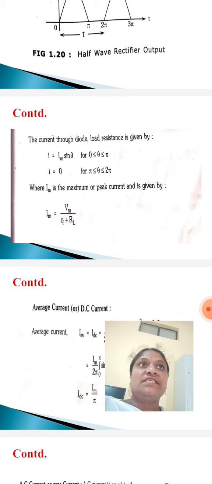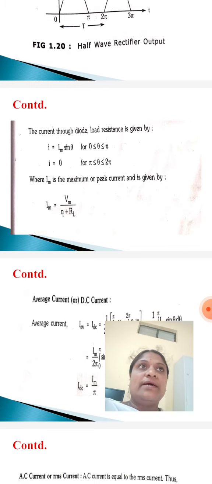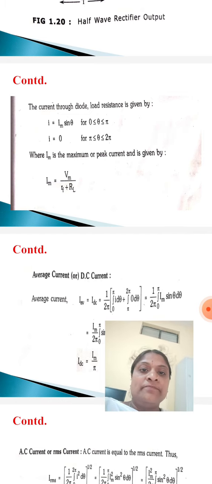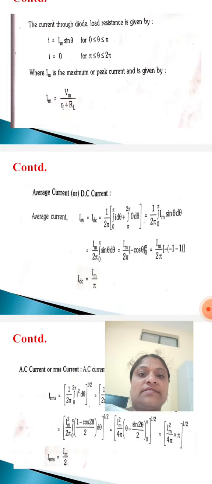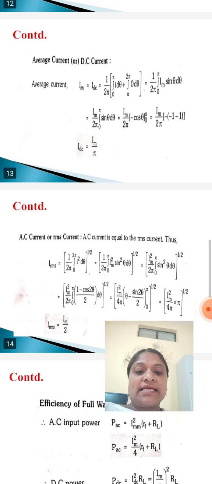Ohm's law: V is directly proportional to I, so I = V/R. Similarly, we can write Im = Vm / (RF + RL). Okay, so then here you can find IDC, the average current or DC current.